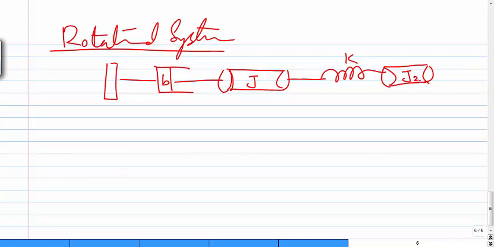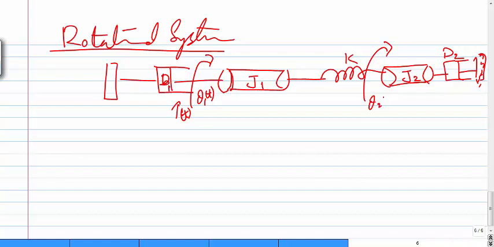Say this is J2, this is J1, to be consistent with the variables, and there is another damper. Okay, so this is our system, and the damper here is D2, here is D1. Torque T is applied here, which has a movement theta 1, and the spring is connected, so there is another movement theta 2, and we have to solve this system.